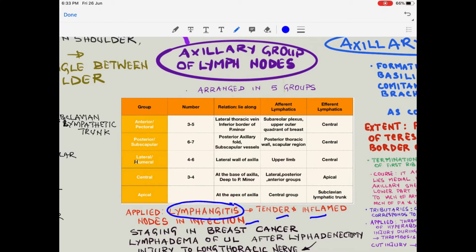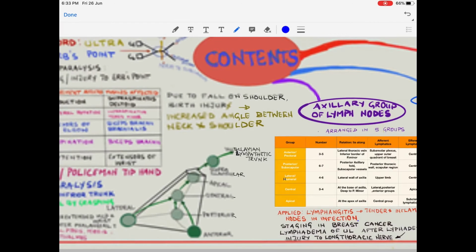Lymphedema of upper limb occurs after lymphadenectomy, that is removal of lymph nodes. During lymphadenectomy, there is possibility of injury to long thoracic nerve. So that is about the axillary group of lymph nodes, which is very much important in breast cancer.